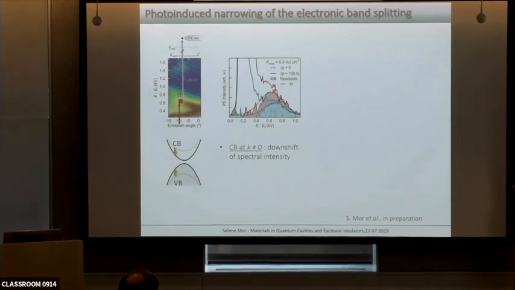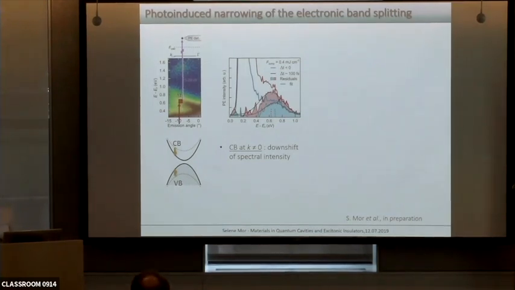Basically, this is the first excitation, and then we have a controlled delay between the two pulses. But the photon energy of the second pulse cannot photo-emit from the occupied states, because it's lower than the work function of the system. So our signal comes only from unoccupied states.